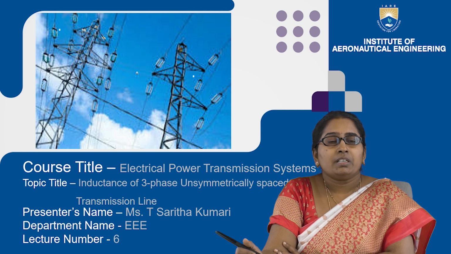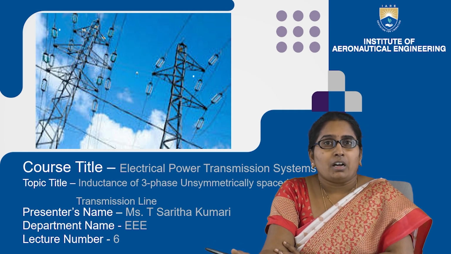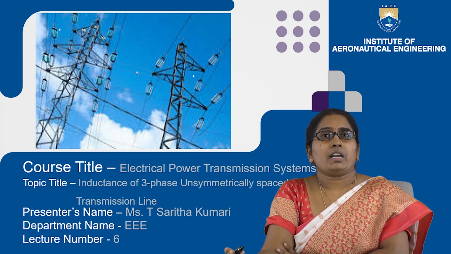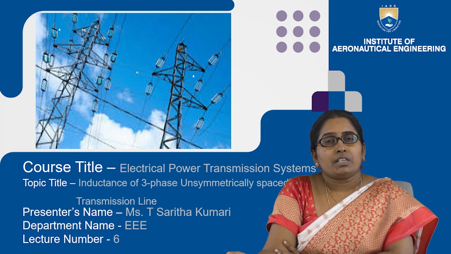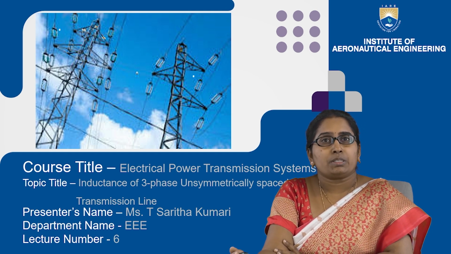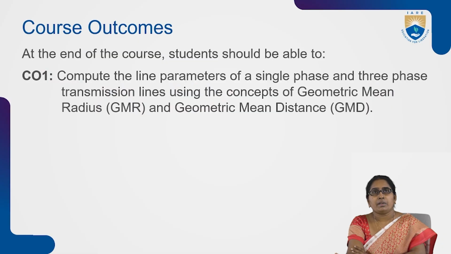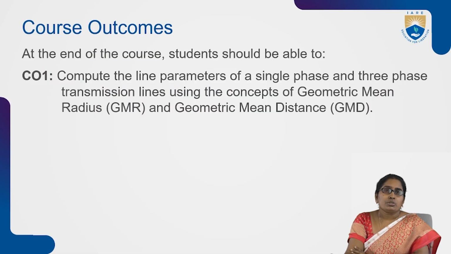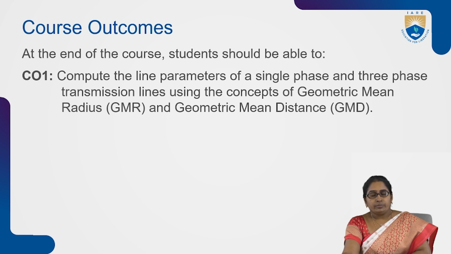That's why it is named unsymmetrical. If we say conductors A, B, C are 1, 2, 3, the distance from one conductor to another is different. Unsymmetrically placed transmission line. Again, this topic comes under course outcome 1.